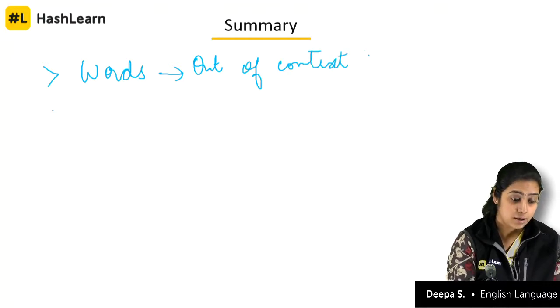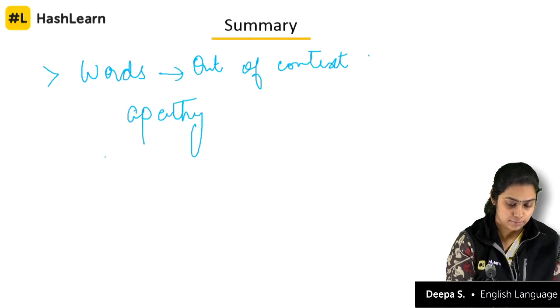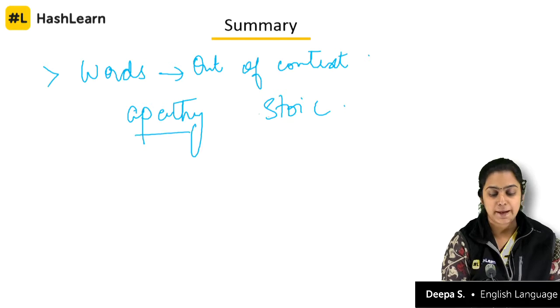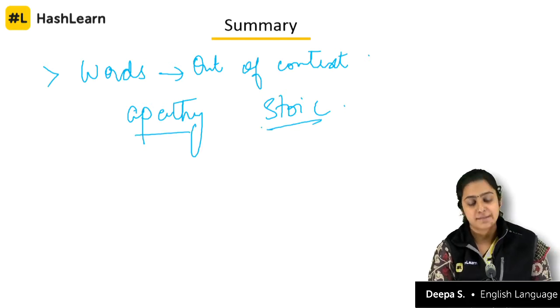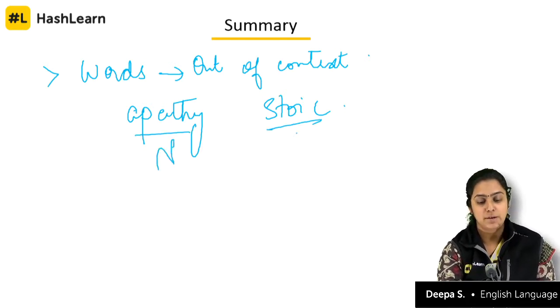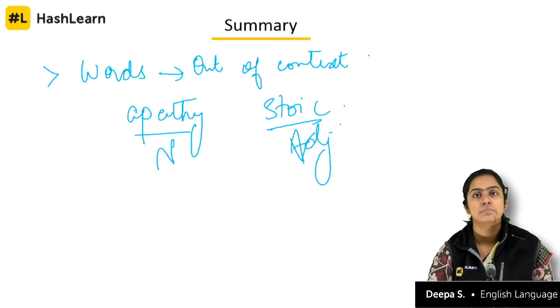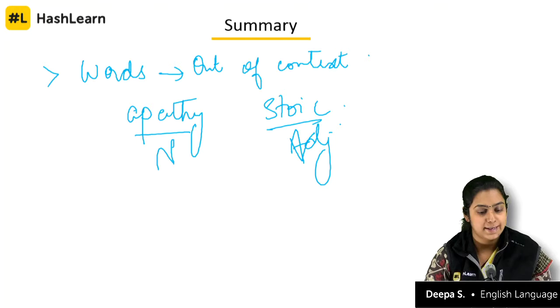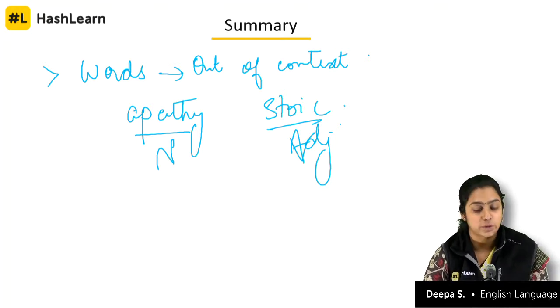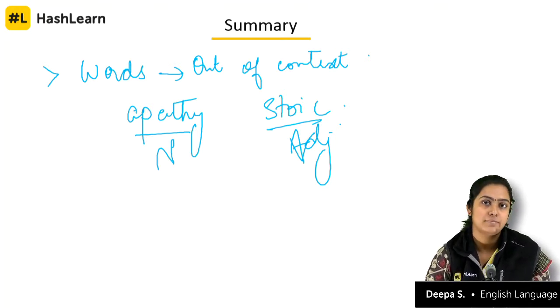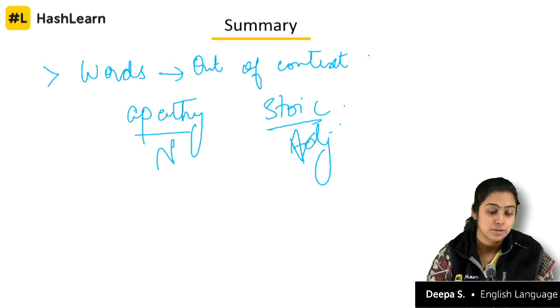For example, apathy and stoic, they mean the same, but this is a noun and this is an adjective. So you need to understand what part of speech a word goes where, irrespective of the meaning.